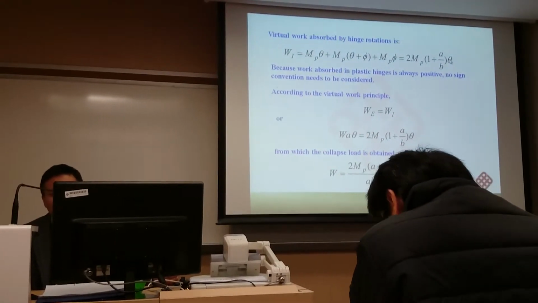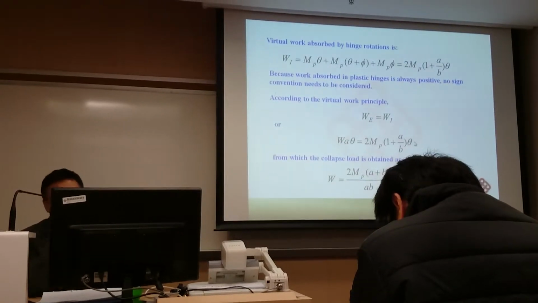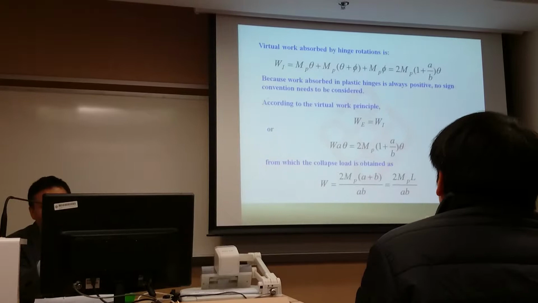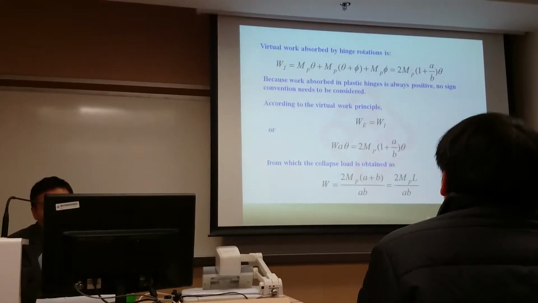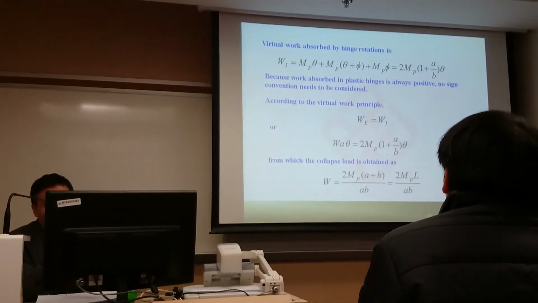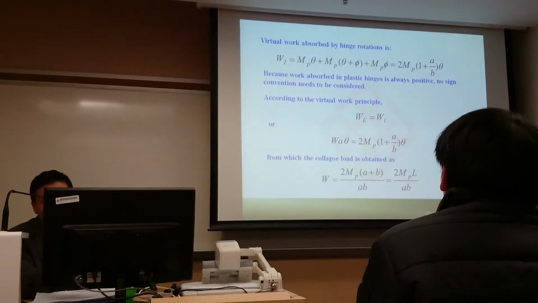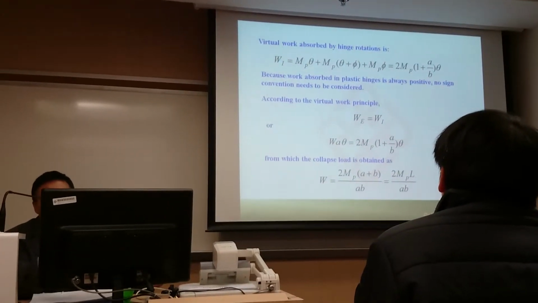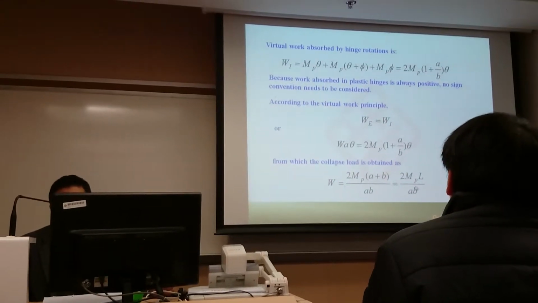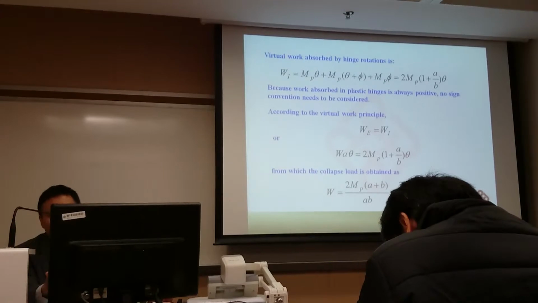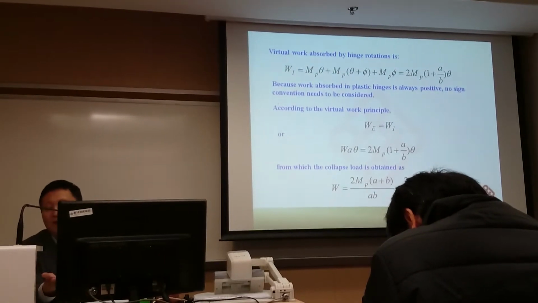So we can obtain the internal energy in terms of the rotation angles. I mentioned we can select any one as an independent variable, because this independent variable is always able to be eliminated from the 2 sides of the equation. So the final solution must be irrelevant to the assumed rotation angle or displacement.